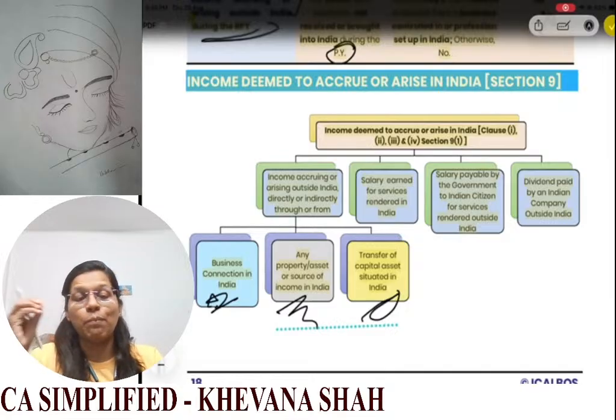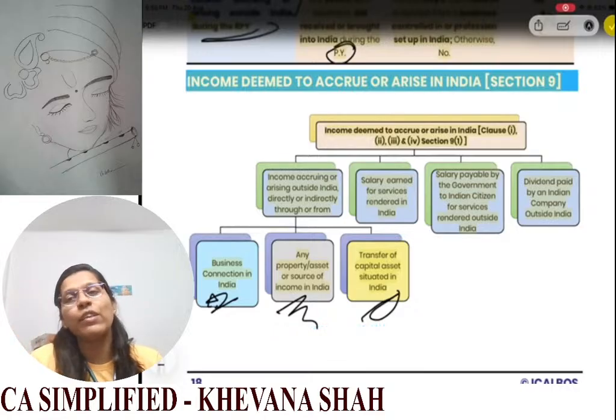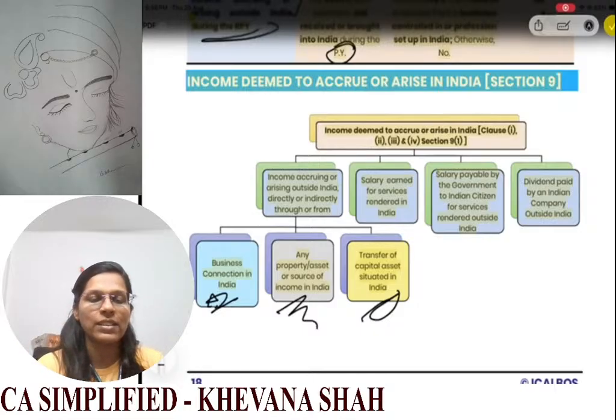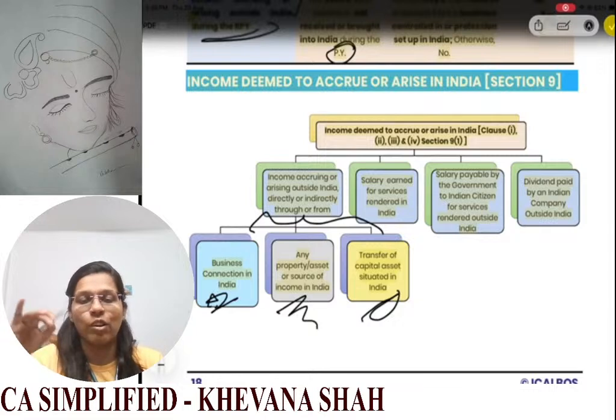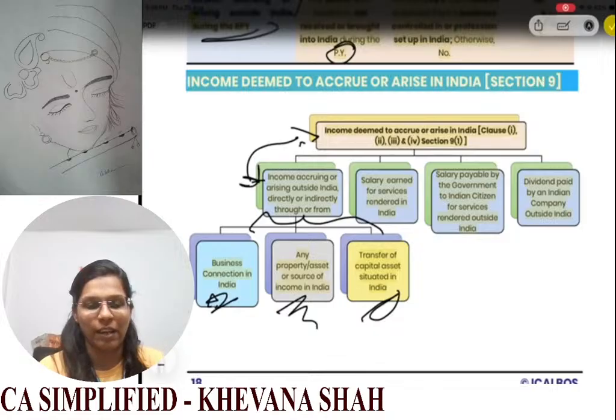So if you have any business connection in India, or any asset or property or source located in India, or if you are transferring any capital asset which is situated in India, in that case that income will be considered as accruing or arising outside India directly or indirectly from any of the Indian assets, or from any Indian business connection, or from any property or asset situated in India. So in that case, that income, even though arising outside India, will be deemed to accrue or arise in India.